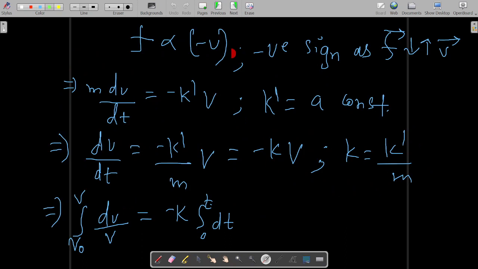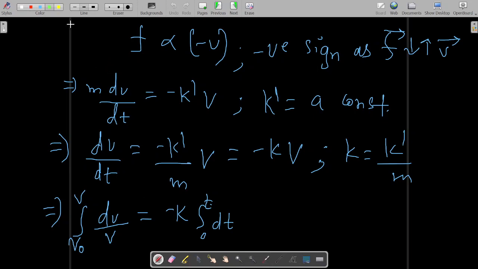by F is directly proportional to minus v. Why have we given the negative sign? Because this F vector, that is the resistive force vector, and this velocity vector will have opposite directions. They will be anti-parallel. So whenever two vectors are anti-parallel and directly proportional, you will put a minus sign so that the 180-degree angle is denoted. So your resistive force will act in the direction opposite to velocity.